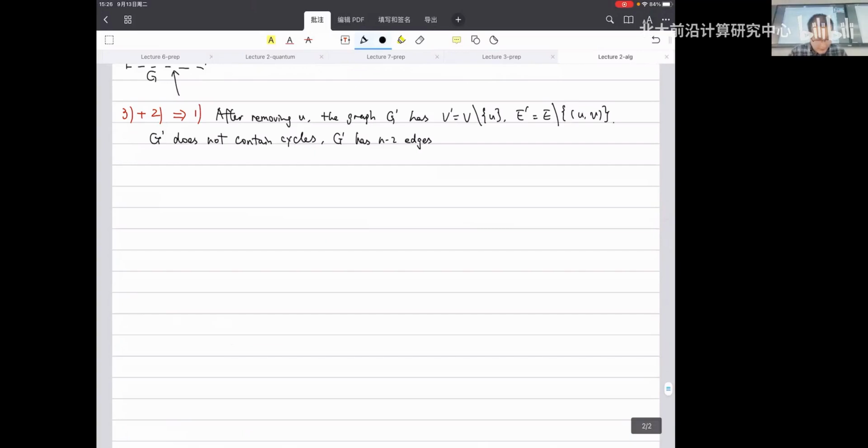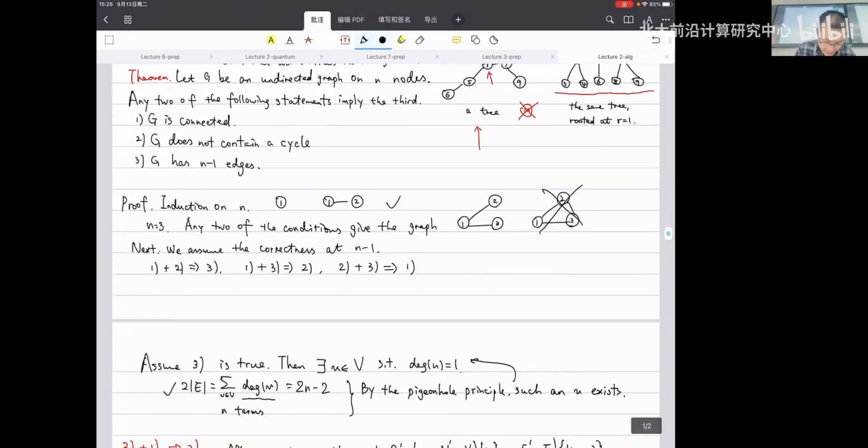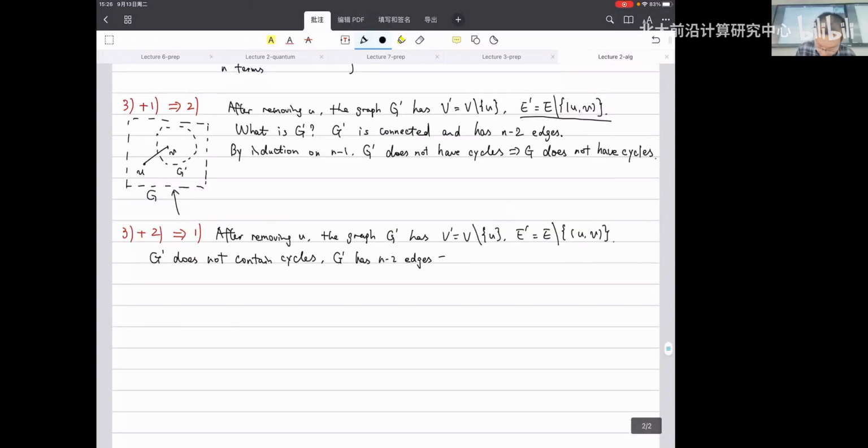So here, let's continue with the discussion that 3 plus 2 imply 1. Basically, G prime does not contain cycles, and G prime has n-2 edges. So we can use the assumption from the induction that G prime is connected. But here, you're adding another edge.